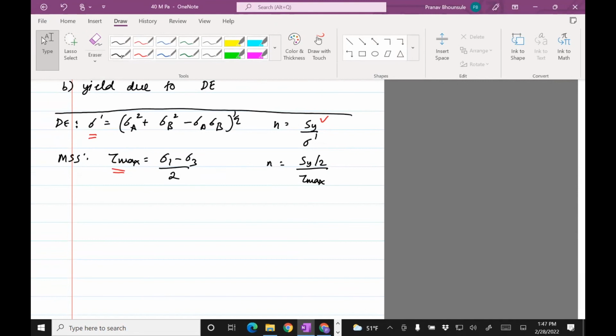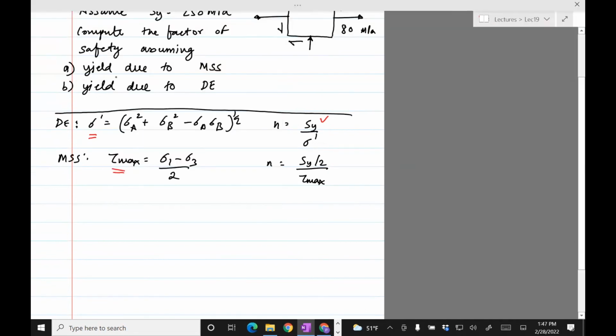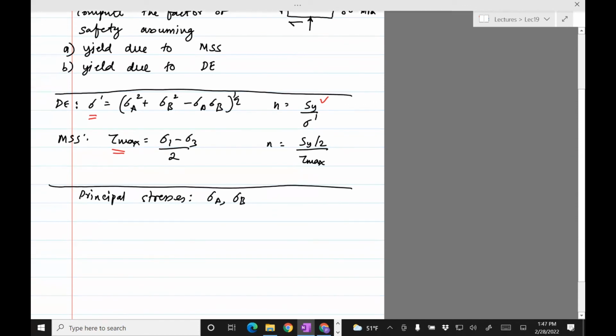So here the stresses are in terms of principal stresses. Okay, sigma A and sigma B are the principal stresses. Since I'm out of time, and since you already know how to compute the principal stresses, I'll skip that.